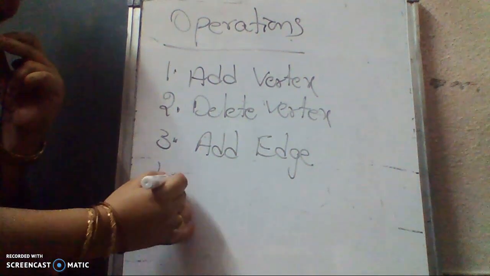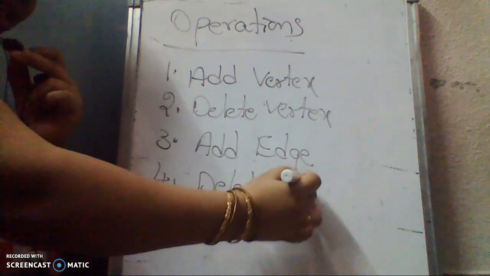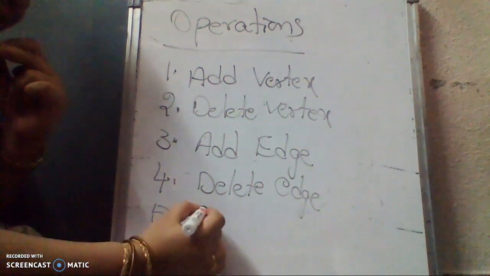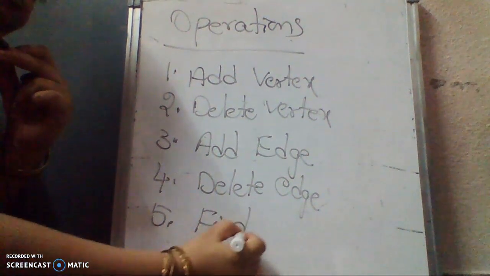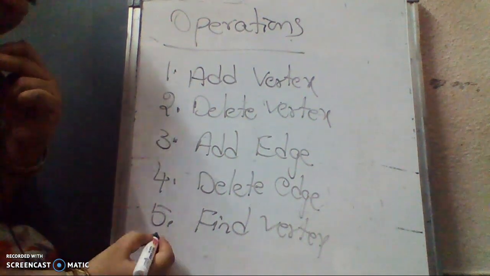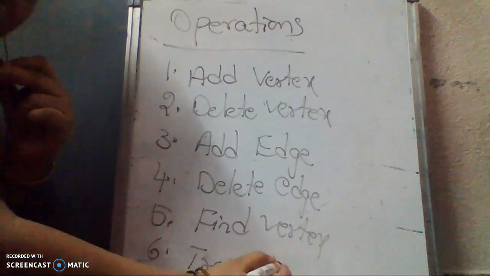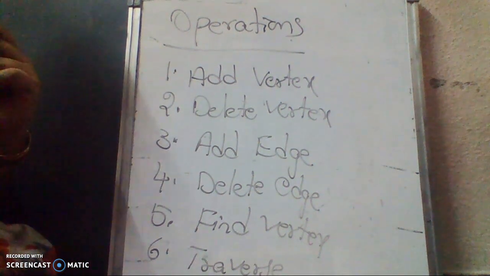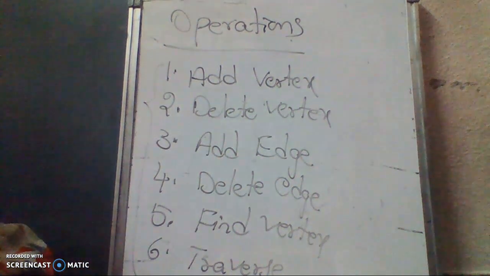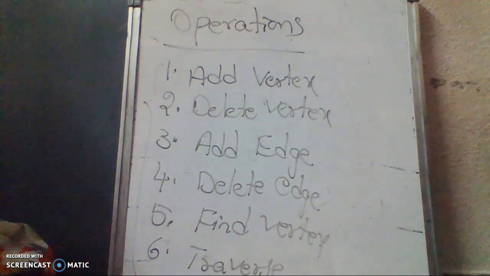Fourth operation is delete edge: delete edge from the graph. Fifth operation is find vertex: find vertex in graph. Sixth operation is traverse the graph: traversing of the graph. These are the 6 elementary operations of the graph.